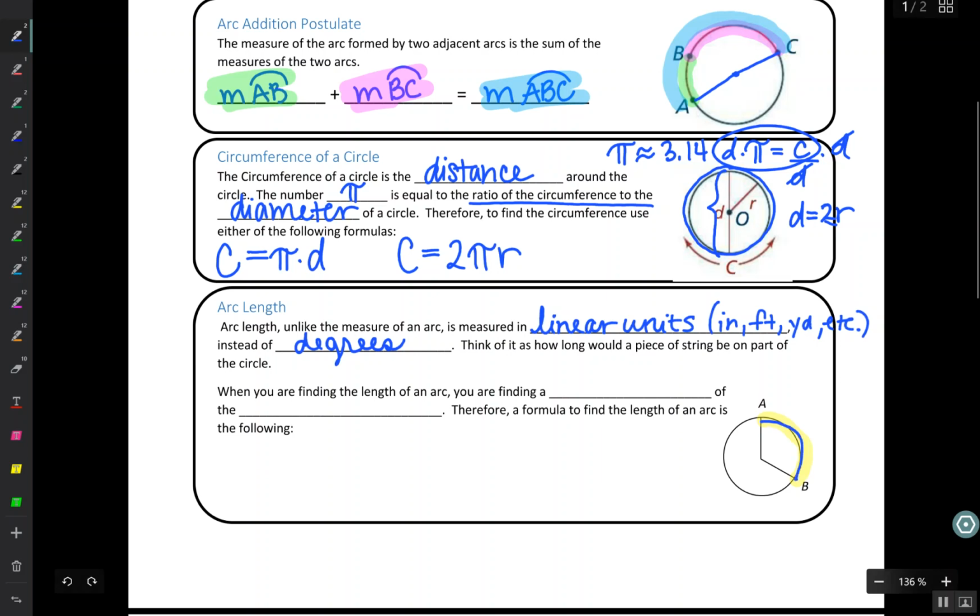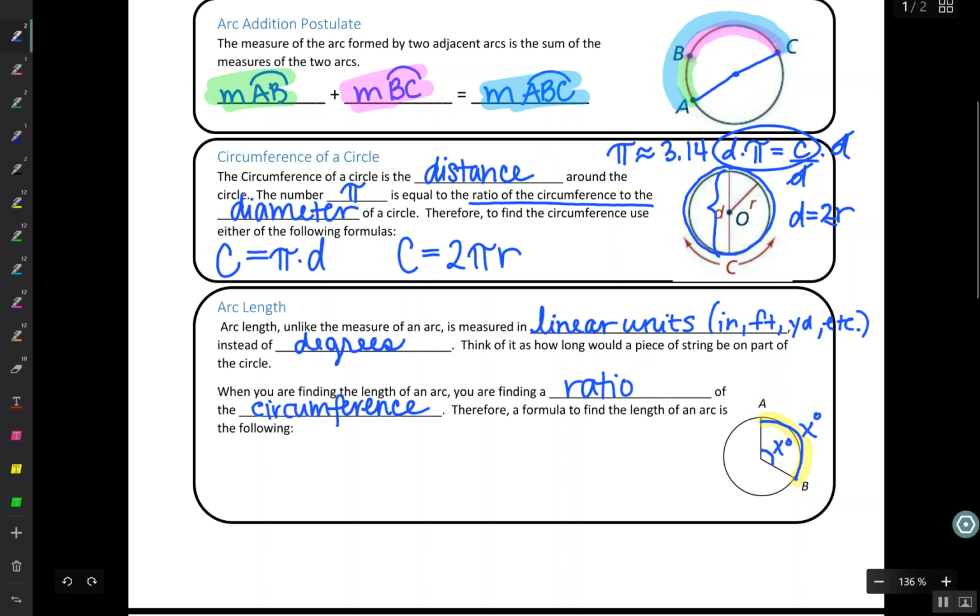Okay? So the way that we're going to think about it is it's a ratio. It's a fraction of the circumference. When you're finding the length of an arc, you're finding a ratio of the circumference. The ratio we're going to use depends on how big the arc is, whether you have a small arc or a big arc. So you want to know how many degrees this is, which is the same as the degrees of the arc.